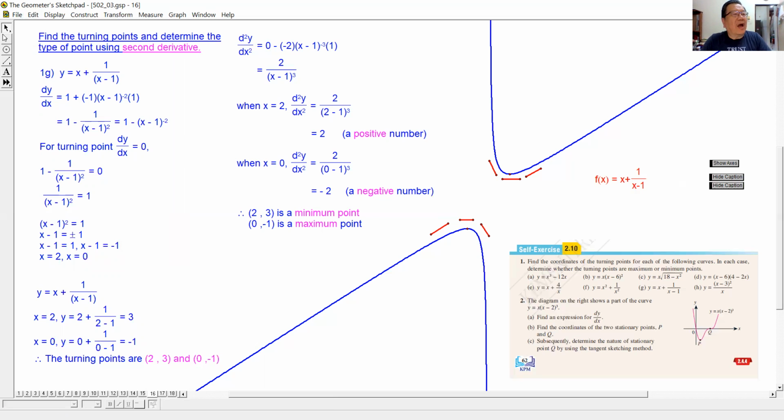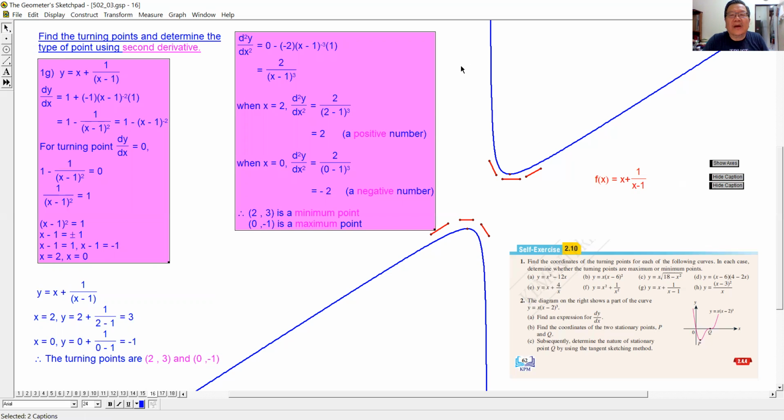Okay, so I differentiate this one, bring down the negative 2, then the negative 2 becomes negative 3, then differentiate the inside becomes 1.